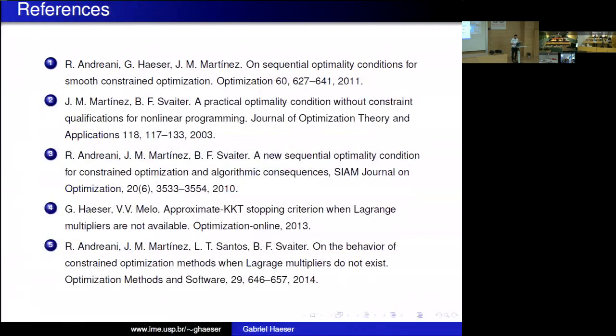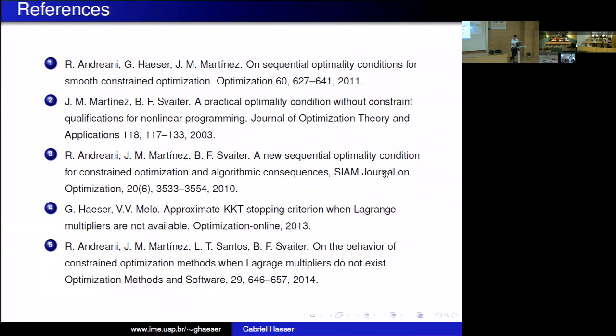I have here some references. The first one is the paper about the approximate KKT condition. We have the definition of this condition and this other one, AGP, it's all there. The second one is the definition of the AGP optimality condition, so it's a little bit older.